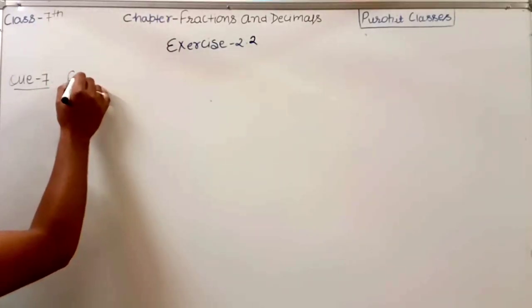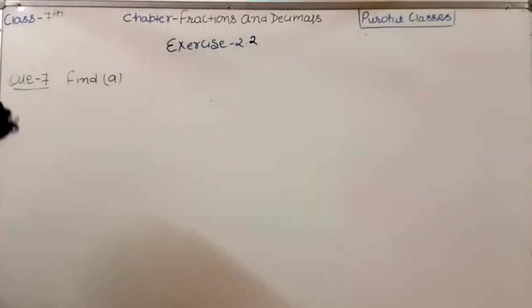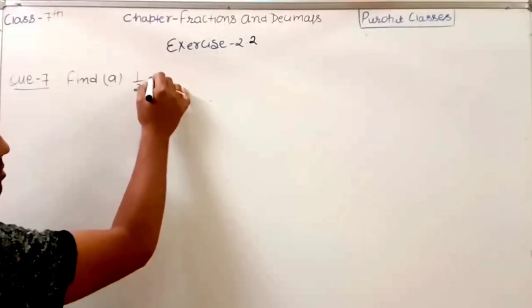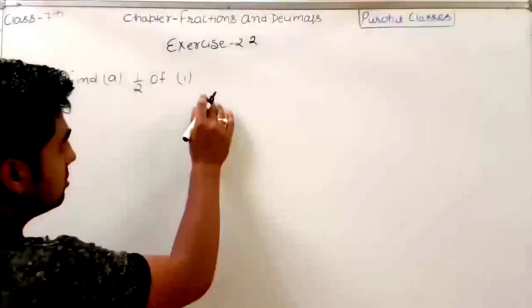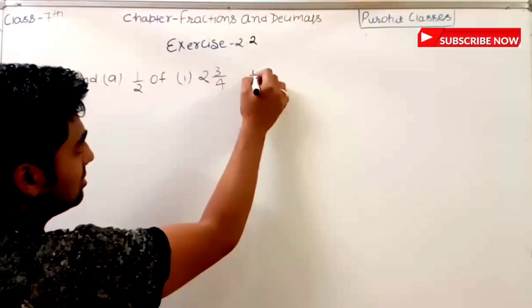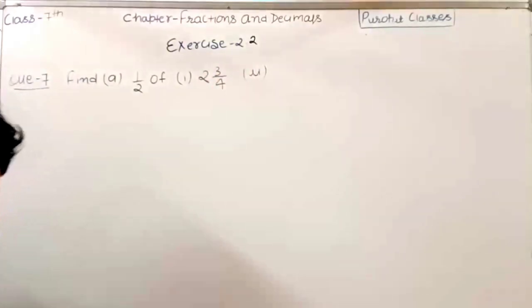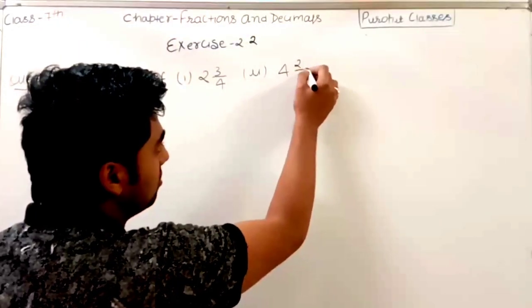Find, and the A part is 1 by 2 of, and the first part in A is 2 whole 3 by 4, and the second is 4 whole 2 by 9. Here I will be solving only one part.